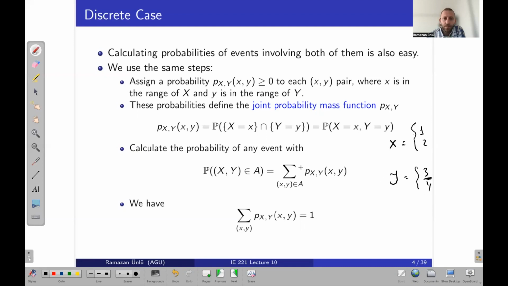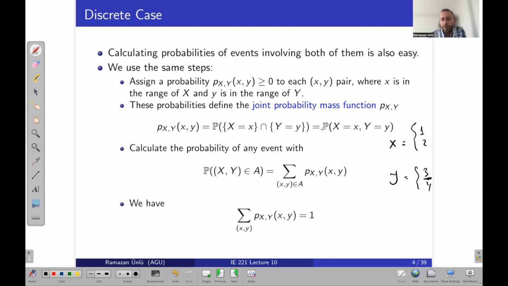These probabilities define the joint probability mass function. It simply means the probability that X is equal to small x intersected with Y equal to small y.